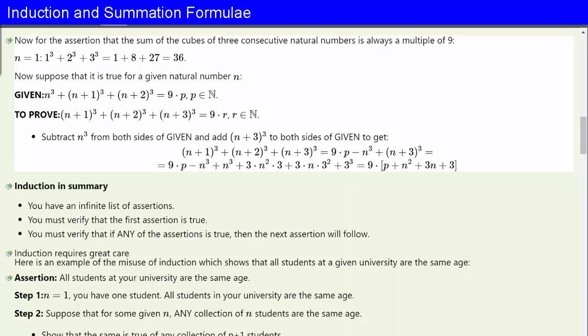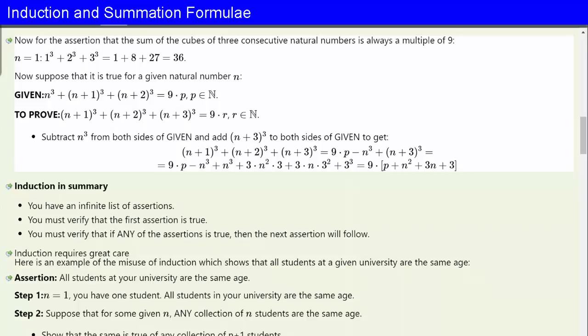What we end up with is a valid formula since we started with given, and it looks like this. n plus 1 cubed plus n plus 2 cubed plus n plus 3 cubed is 9 times some natural number p minus n cubed plus n plus 3 quantity cubed.